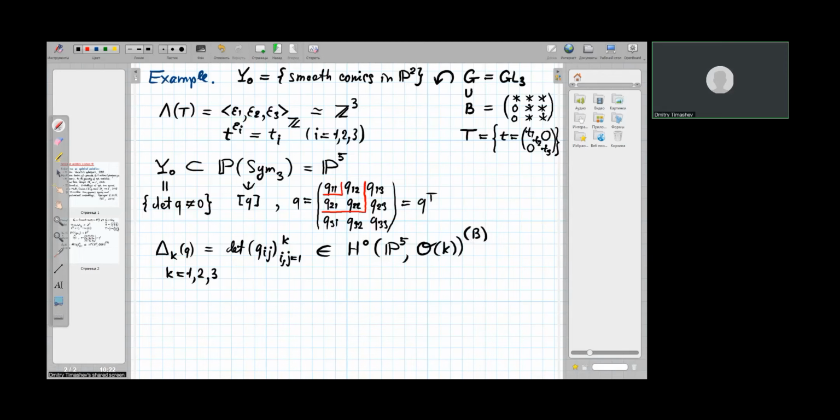If you act by an upper triangular linear transform of variables, then these minors will multiply by some scalars, which are the eigenweights. To compute the eigenweights, it suffices to make a diagonal transform of variables. And it is easy to compute these eigenweights.